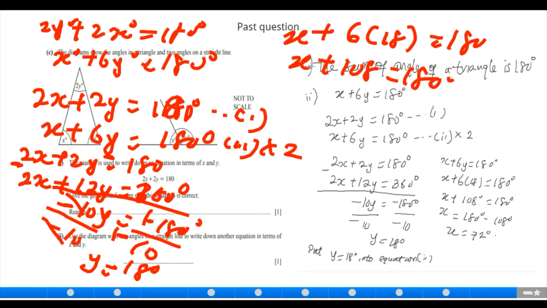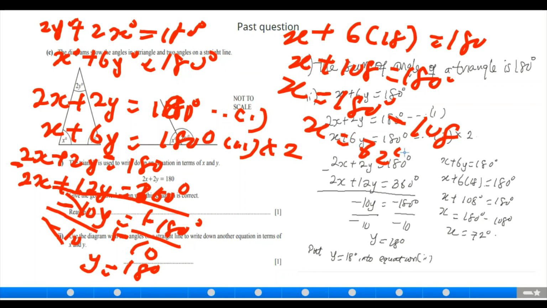The plus 108 goes to the other side and changes to minus. We have x equals 180 degrees minus 108, which is 72 degrees. So x is 72 degrees, y is 18 degrees. This takes us to the end of our class.